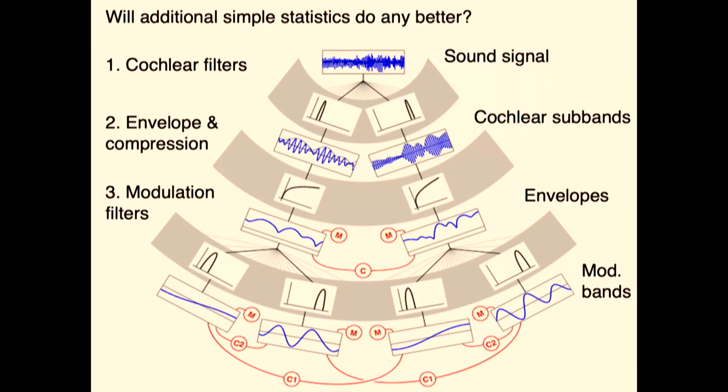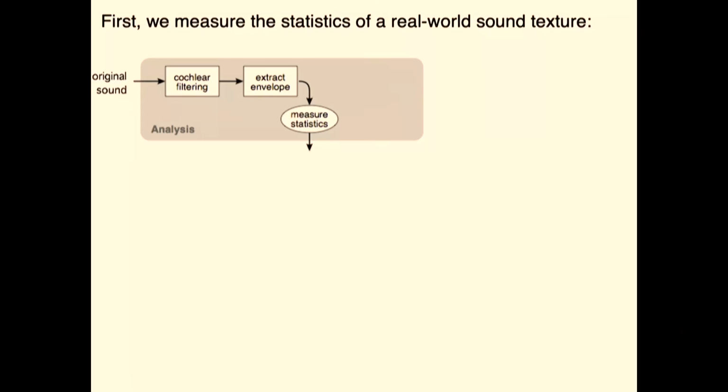Okay. All right, so just as was the case when we were talking about image textures, the fact that we're using this big set of statistics means that the synthesis process has to work a little bit differently. And it's again going to be gradient-based optimization. So there's this initial step where you take your original sound, you pass it through your auditory model, and you measure its statistics.